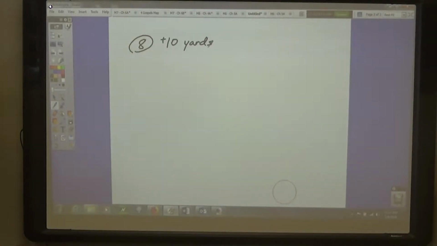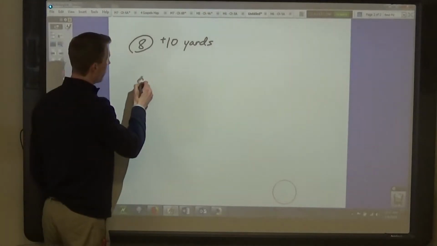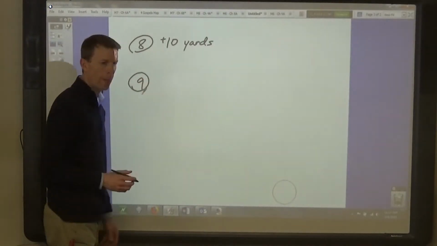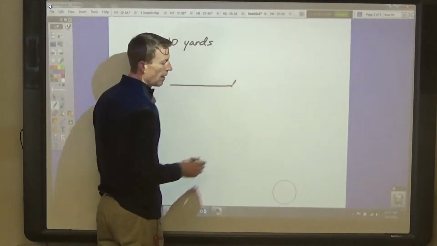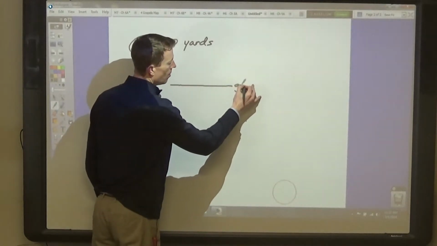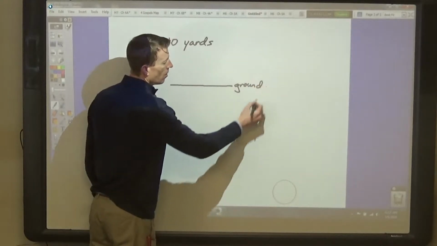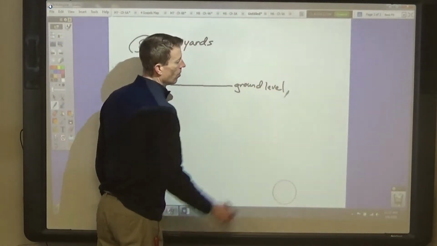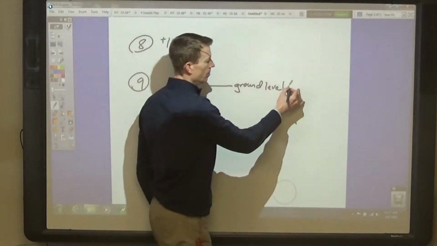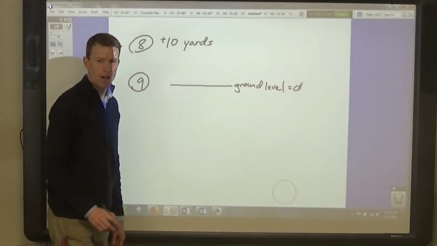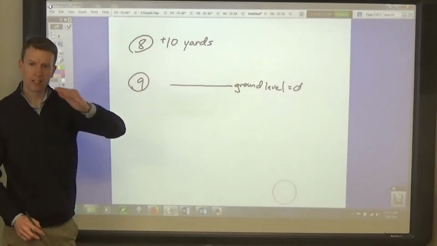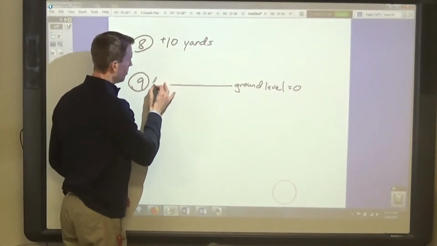But number 9 refers to this. In geography, ground level is considered 0. Matt, you better listen. Or, in geography, sea level is also considered 0.